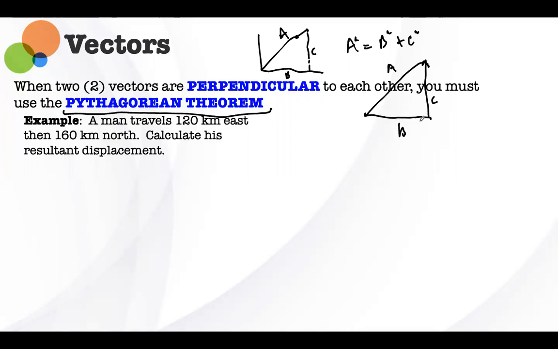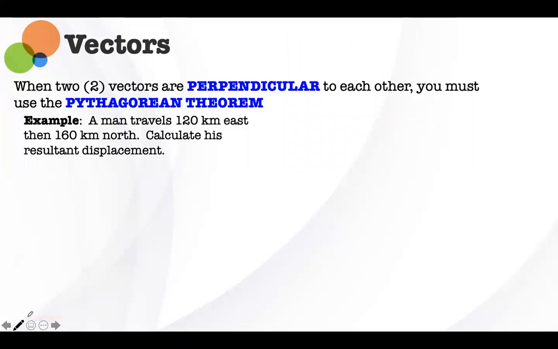A. Exactly. So A would be the resultant. You would draw the line from the tail of your first vector to the last point. All right. Let me go ahead and represent that now. First he goes 120 kilometers east.